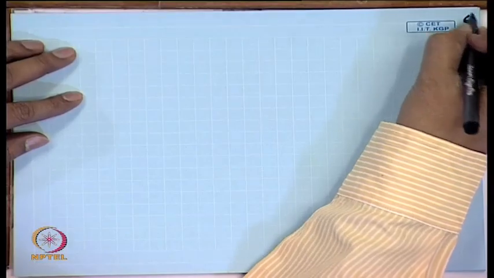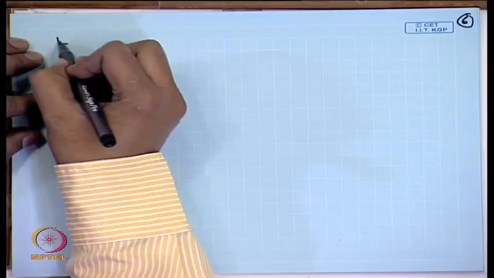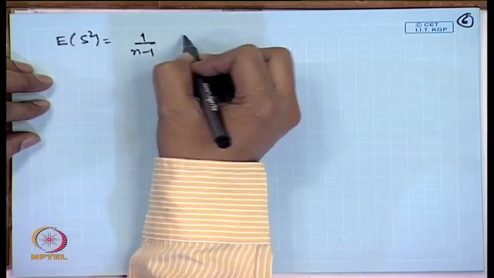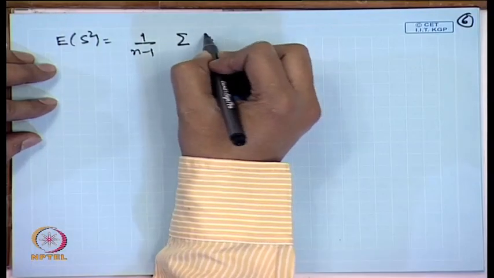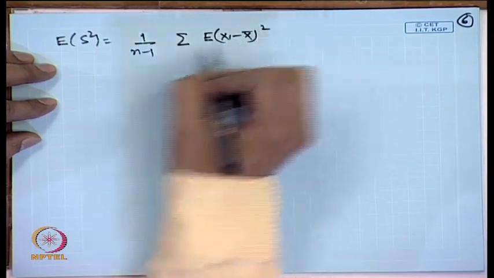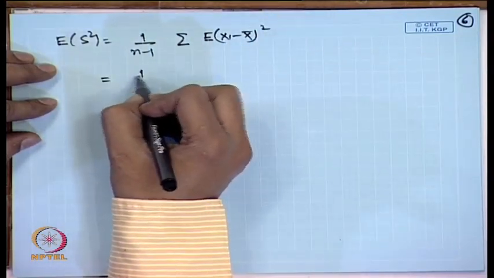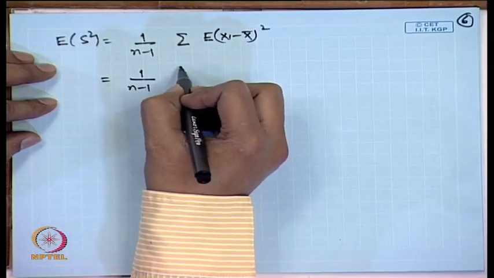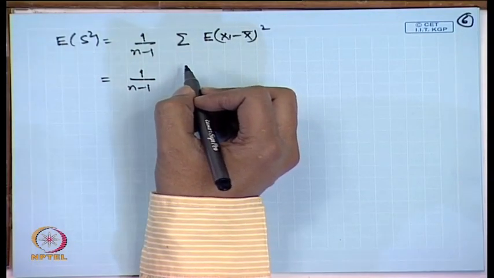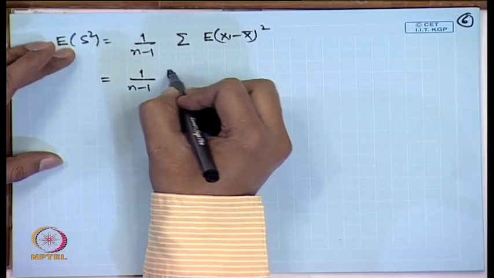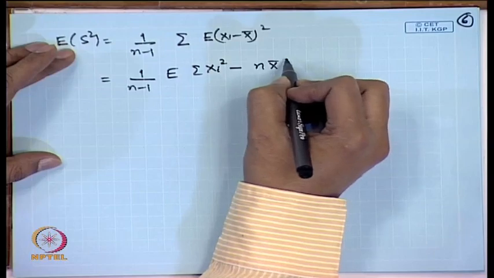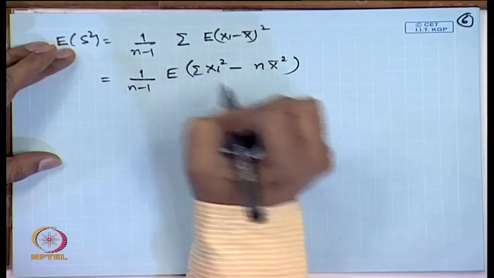So, let me look at a proof of this. Expectation of s square is equal to 1 by n minus 1 sigma expectation of (x_i minus x bar) whole square. This we may write as 1 by n minus 1 expectation of sigma x_i square minus n x bar square.